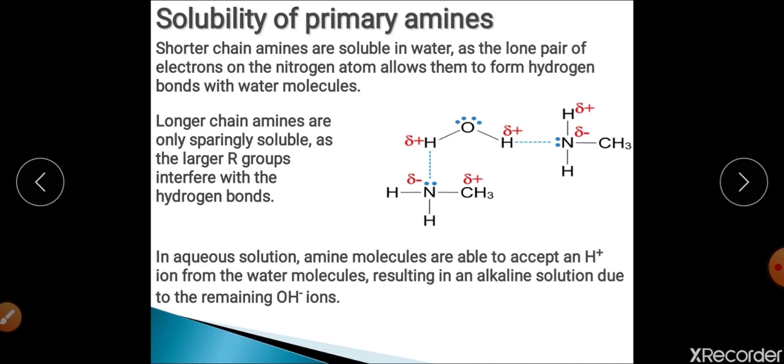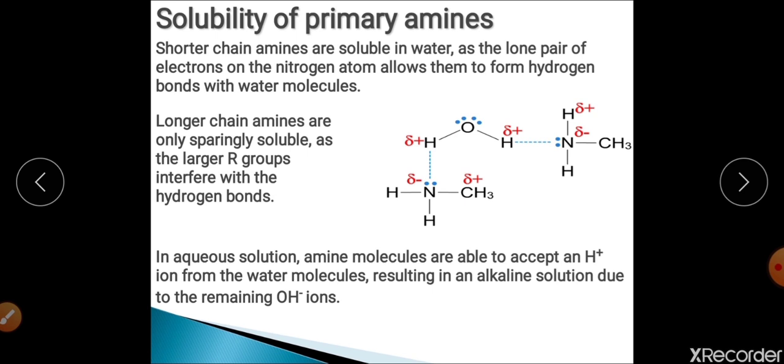So when they are mixed with water, they undergo hydrogen bonding, and because of that they are particularly soluble in water. In the case of primary amines, we are only concerned about the lower members.